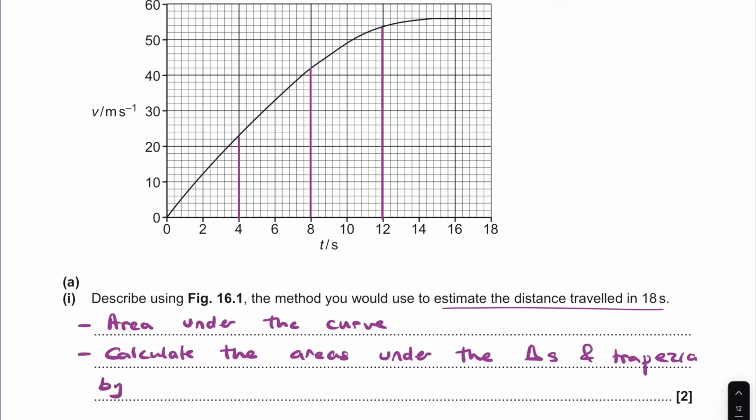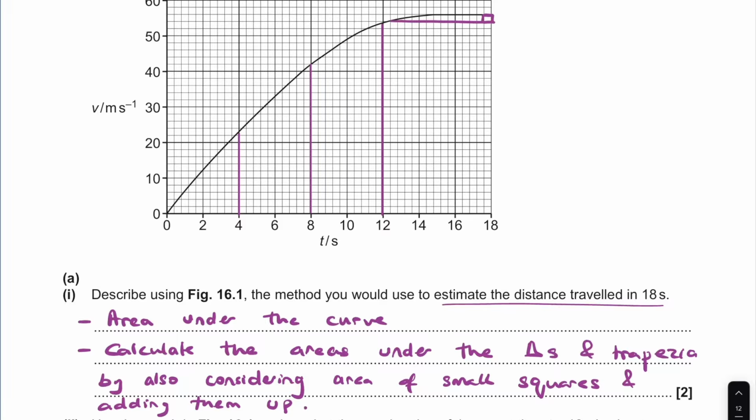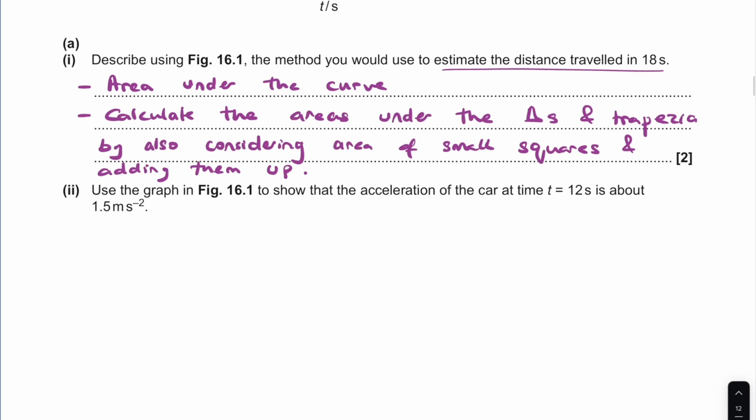So for example, if you want to calculate any excess of the boxes, the small squares, you would have to worry about working out one tiny little square as well, adding them all up basically. Thank God we do not have to actually calculate them. Let's move on to part II.